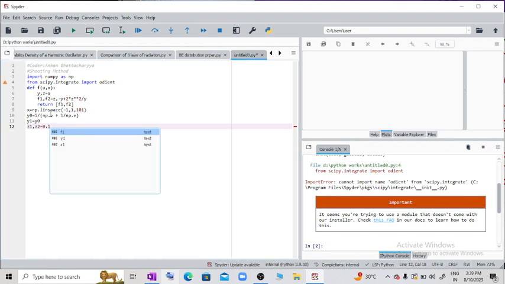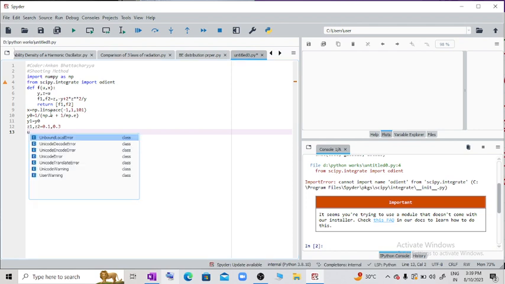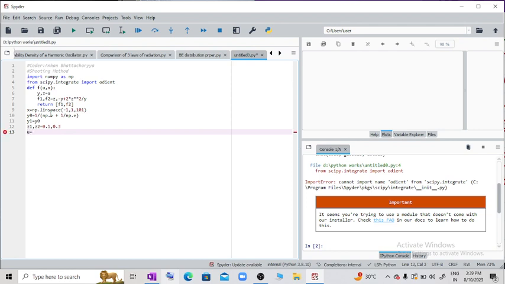Let us suppose z1 is 0.1 and z2 is 0.3. Next I have to define u, where the first component becomes y0 and the second becomes z1, so the value of u is defined.